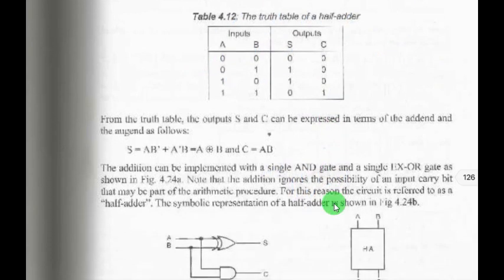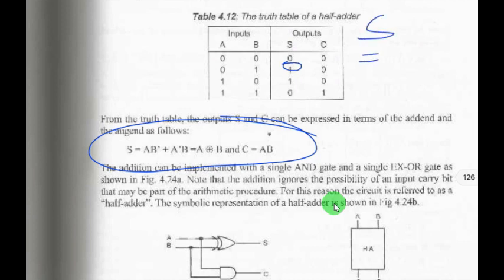How do you implement a half adder using basic gates? This is how you do it. You just observe when you have ones. We have a 1 for S. S is 1 when it is equal to A bar B or this other one, A B bar.